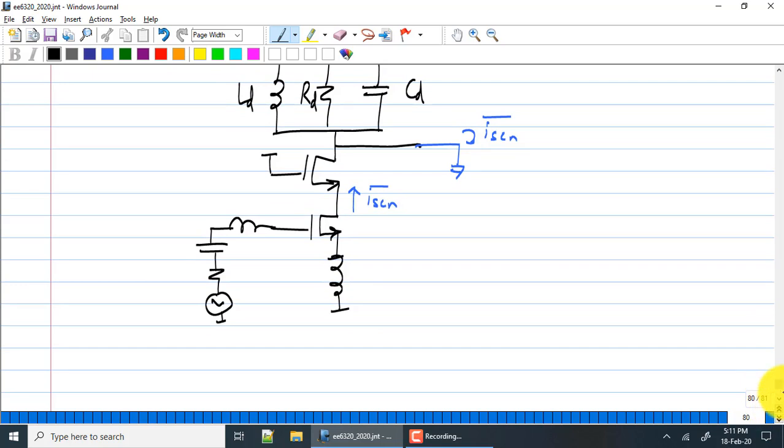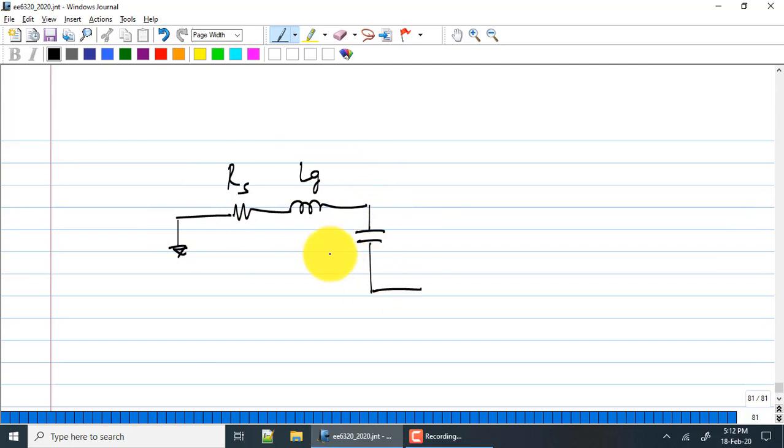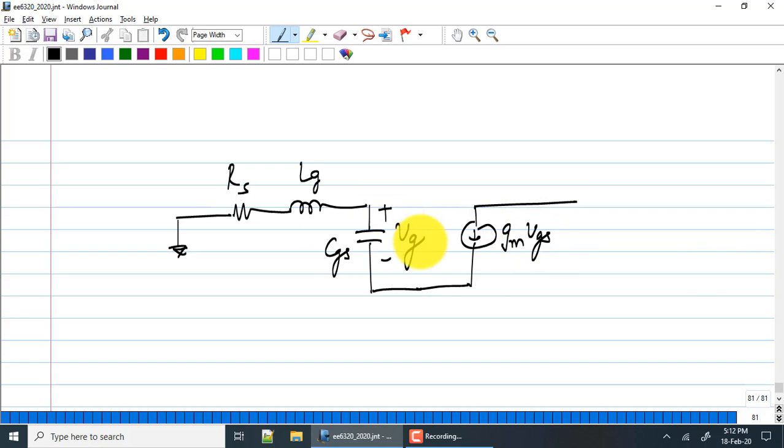So if I were to draw the small signal equivalent circuit for the noise current, it would look like this. So, I have the resistance RS, inductance LG, CGS. So this is GM VGS, where this is VGS.